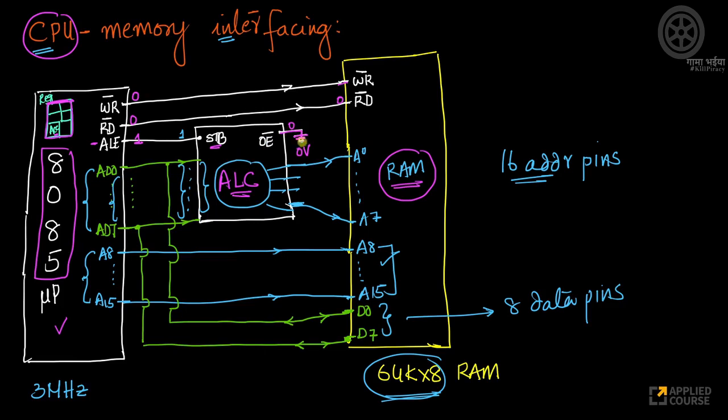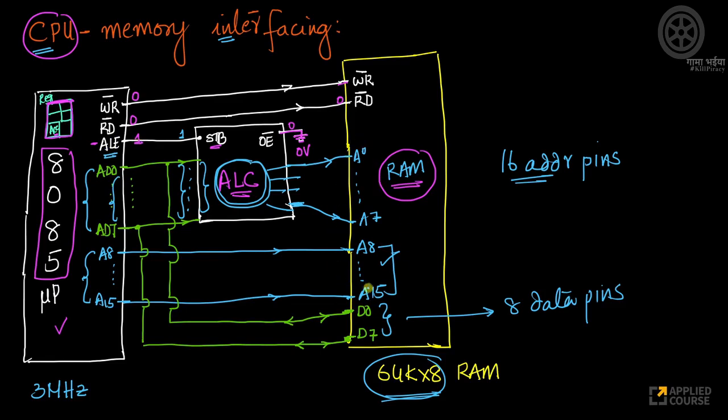Ground in electronics means 0 volts; in binary, it means 0. Because this is always 0, the output is always enabled. So we are copying these 8 bits of address into the ALC and passing it on. Now I got the actual address that I want, because these pins did not behave like data pins. They behaved like address pins because ALE is 1. So the address is now given to the RAM.